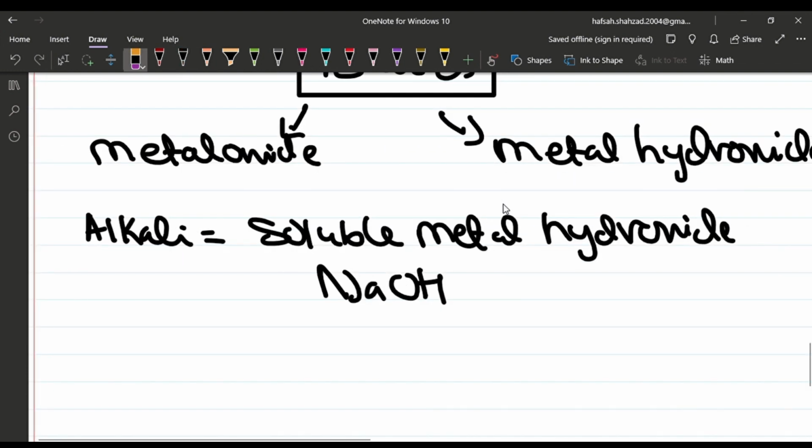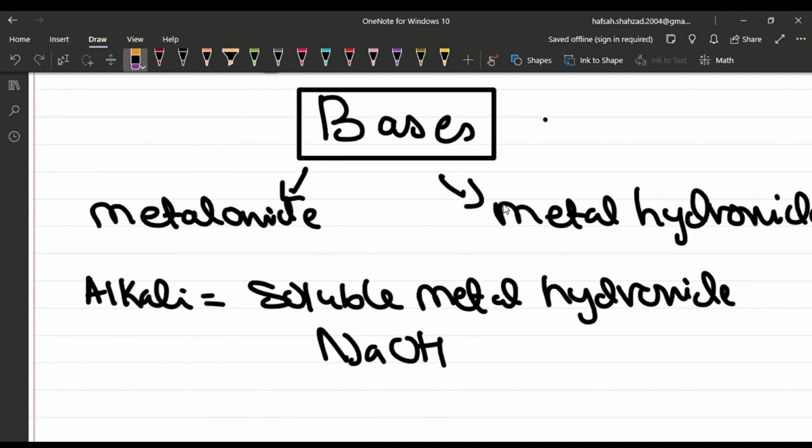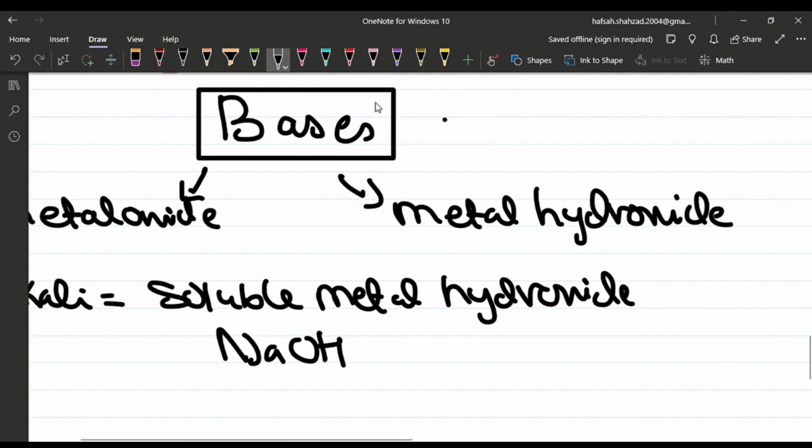I would like to add some more points in the definition. A base is a substance which reacts with acid to form salt and water. Let me just write this down real quick as well, so we don't forget.